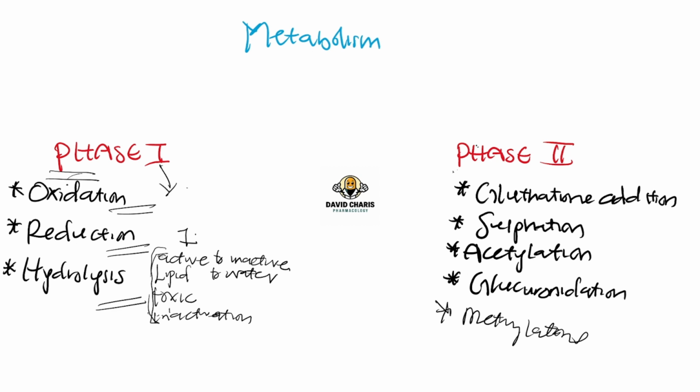So phase 2, otherwise known as the conjugation phase, basically adds more molecules to the phase 1 metabolite of that particular drug so that it can be easily excreted. It can add a methyl group, which is the methylation reaction. It can add a glutathione group, which is the glutathione addition. It can add a sulfur group, an acetyl group, or a glucuronide molecule, so it can be easily excreted from the body.